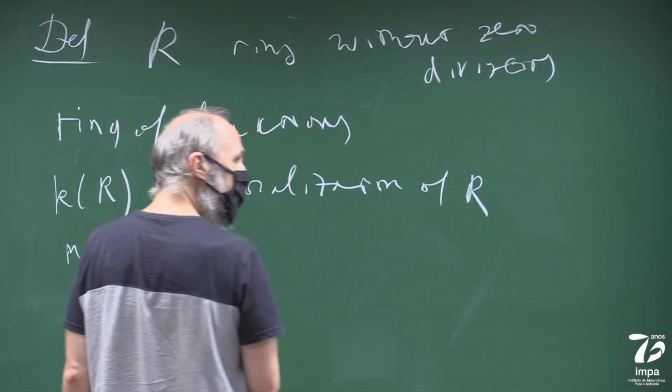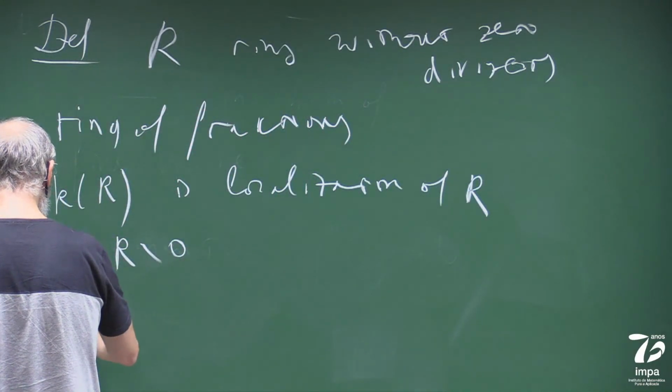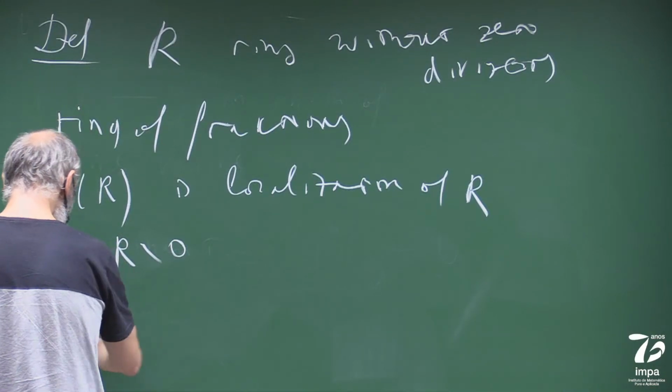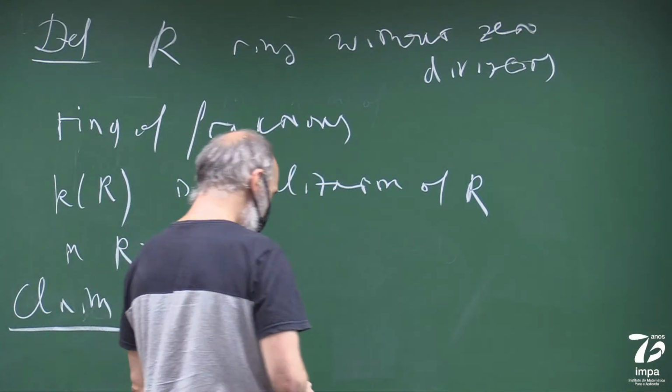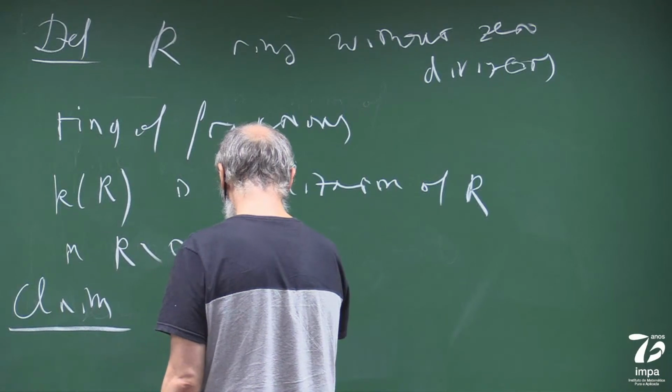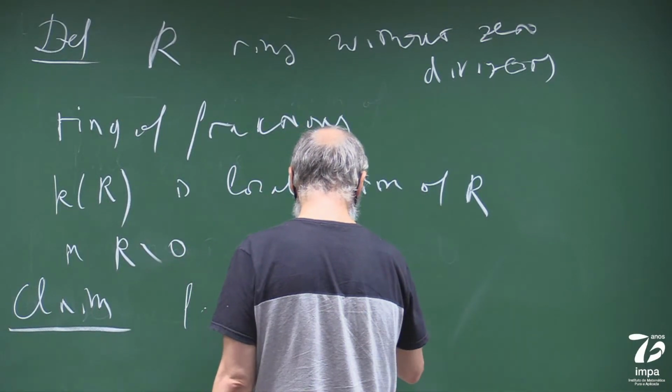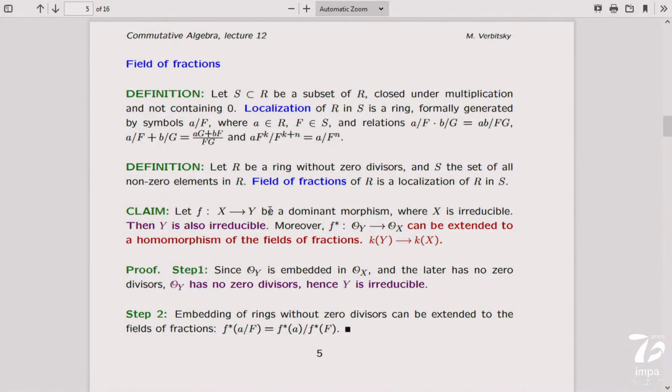Now, claim. Suppose you have f from X to Y, dominant, and moreover, X is irreducible.